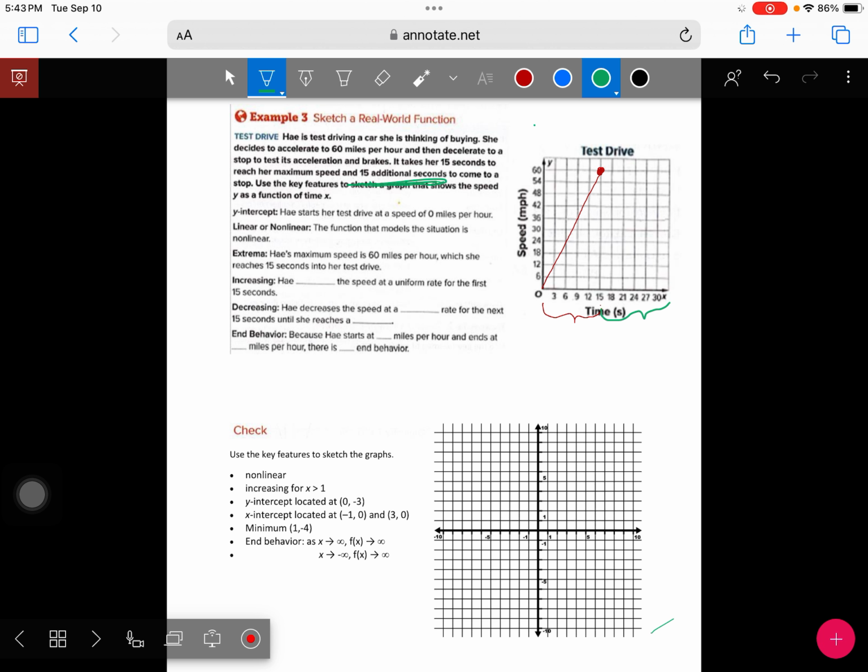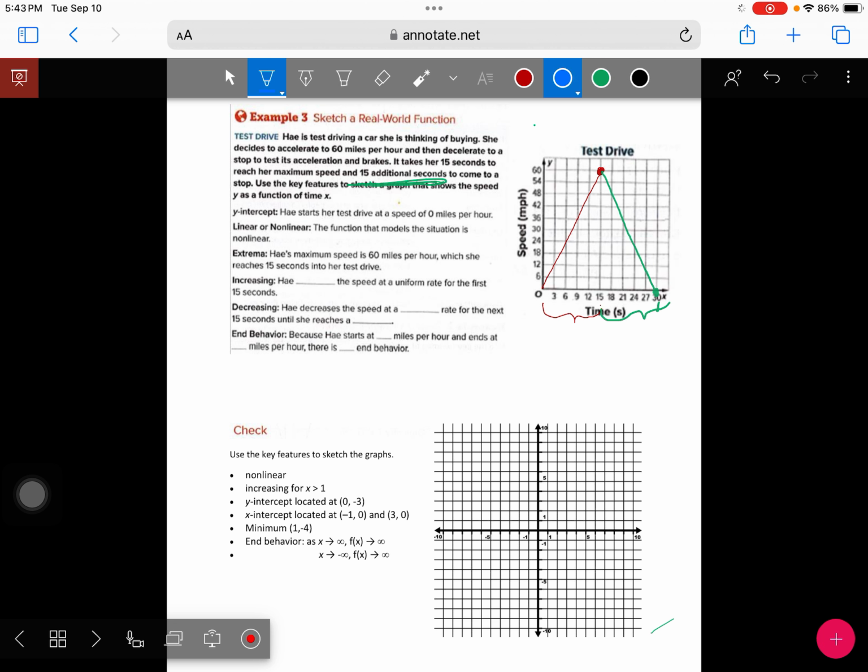Well, a stop, what is the speed when you come to a stop? Yes, it is 0. Okay, so it's going to take her that long, 15 more seconds, to come to a stop right here. So I'm thinking that's what our graph looks like. So let's take a look.